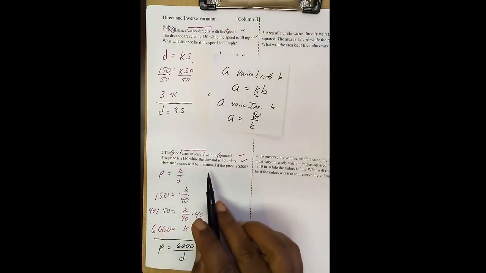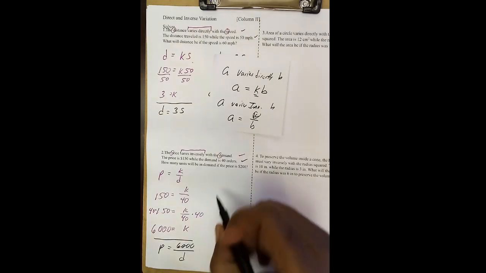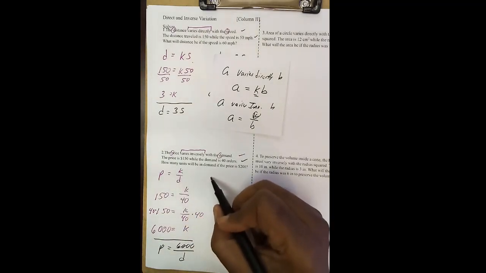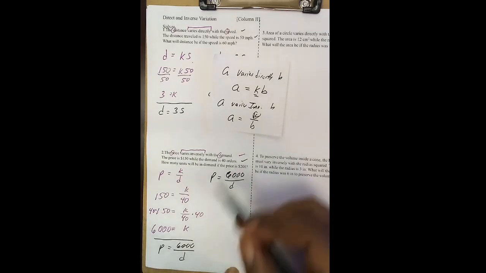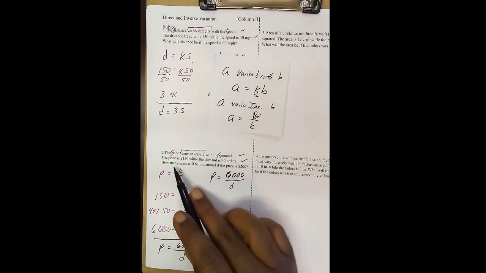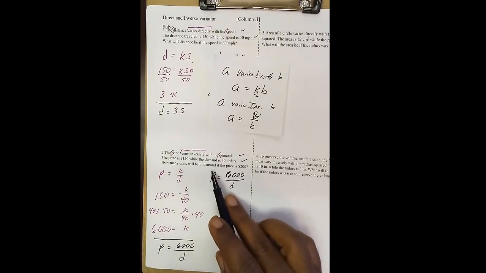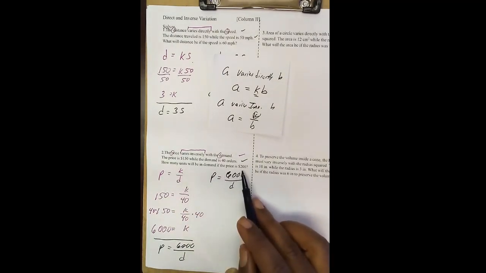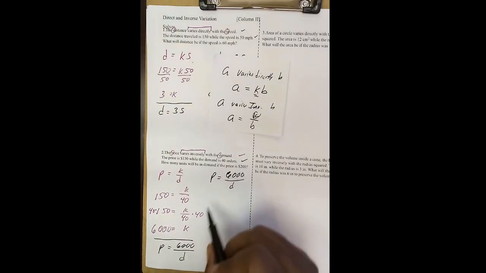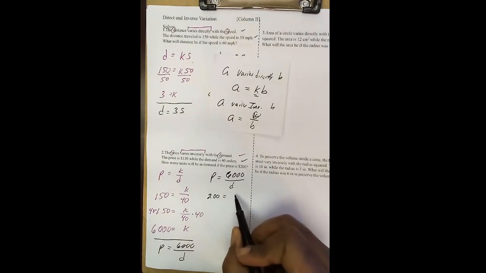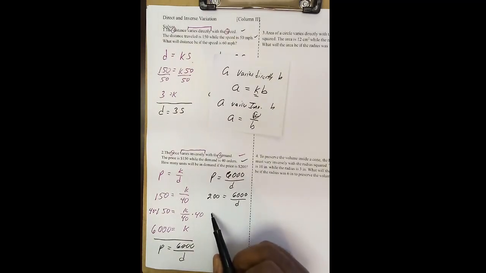How many units will be demanded if the price is 200? So instead of P equals K over D, we're going to write P equals 6,000 over D. We're going to put 200 here and try to find out what demand is. So price is 200, it'll equal 6,000 over D. I'm going to multiply both sides by D to get rid of the denominator.